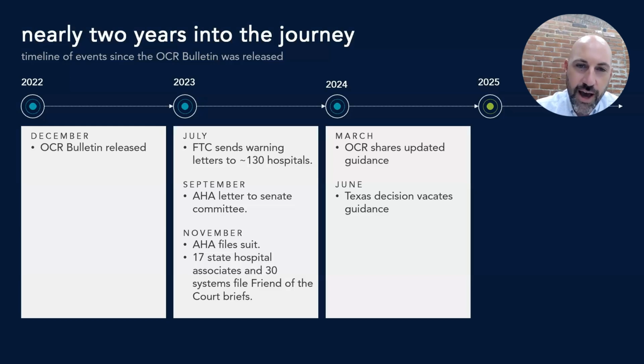At this time, the OCR bulletin was released. The OCR stated in this bulletin that regulated entities are not permitted to use online tracking technologies in a manner that would result in impermissible disclosures of protected health information to vendors, or that would result in any other violation of HIPAA rules.